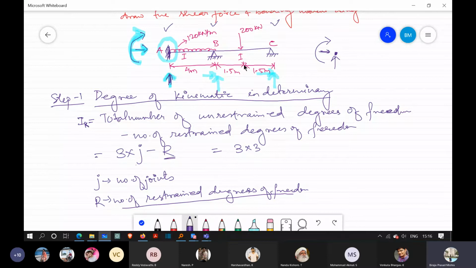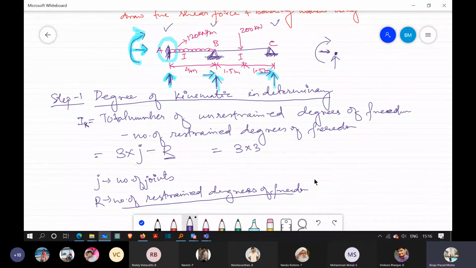Similarly, due to this hinge joint, the displacement in the vertical direction is restricted, and the horizontal displacement is restricted. Similarly, due to this hinged support at joint C, the vertical displacement is restricted and the horizontal displacement is also restricted.